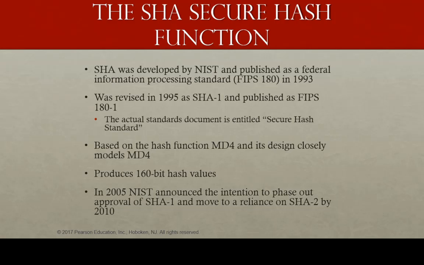SHA is based on the hash function MD4, and its design closely models MD4. SHA-1 produces a hash value of 160 bits. And in 2005, NIST announced the intention to phase out approval of SHA-1 and move to a reliance on SHA-2 by 2010.